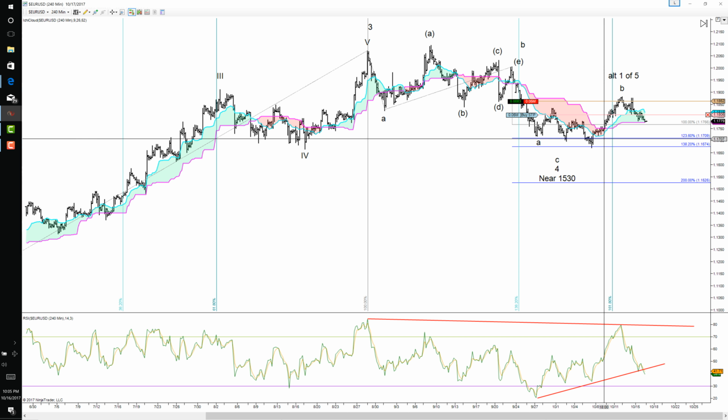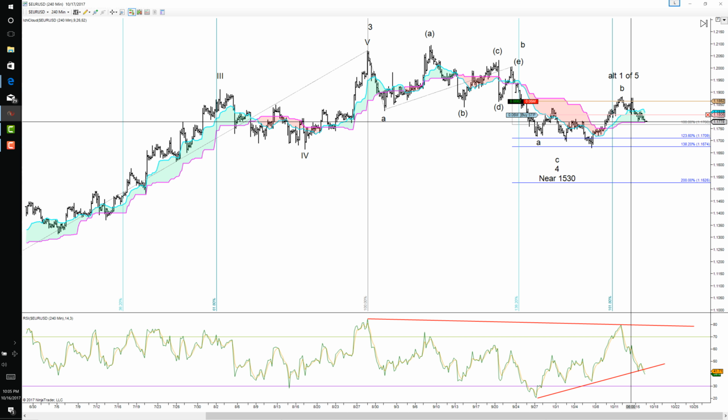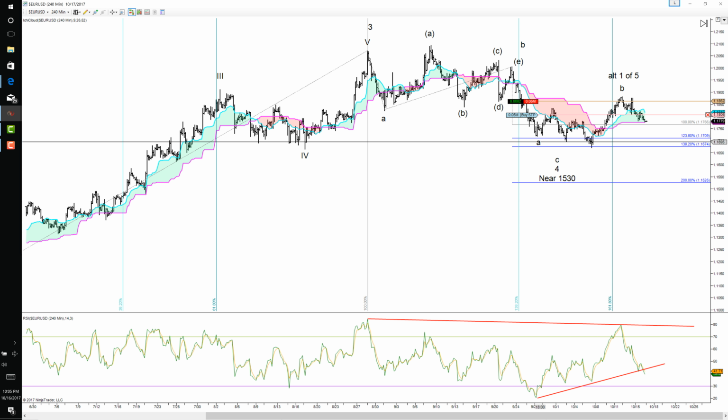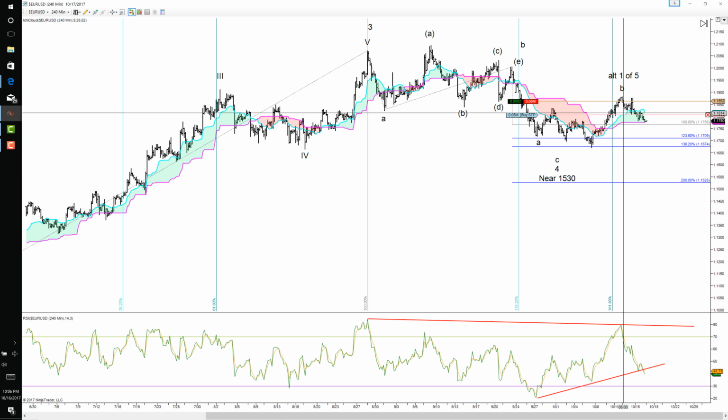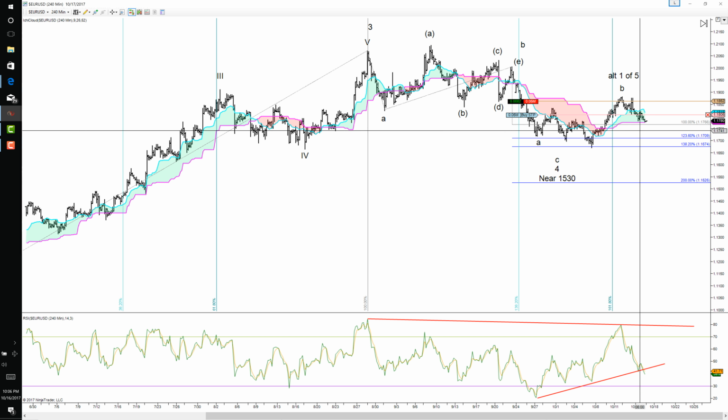For now, my primary is that this is an A, this is a B, and we are currently working on C. But I do have my doubts here, because this is not really an impulsive move at all.